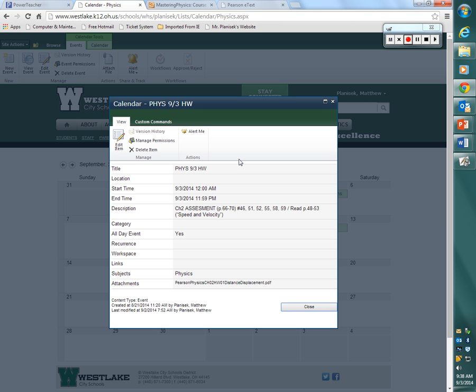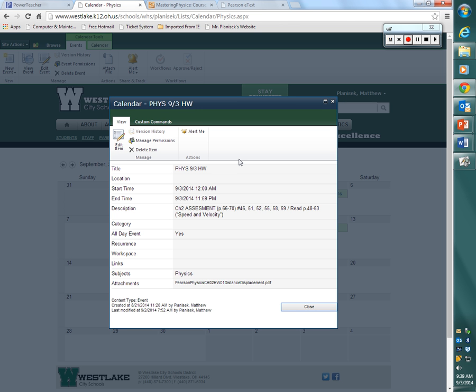Some of them are conceptual, asking you about things like whether the distance is the same as the displacement here. And then some of them are numerical, very similar to the problems that we just did. So at the end of chapter 2 assessment, page 66, number 46, number 51, 52, 55, 58, and 59.